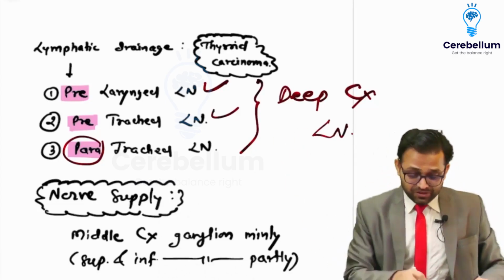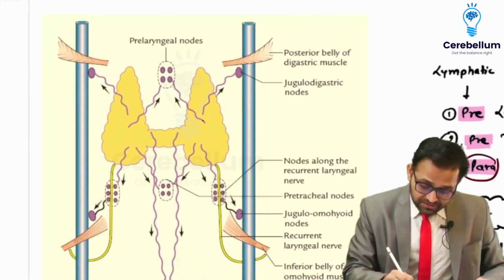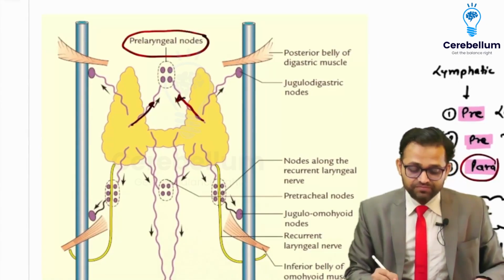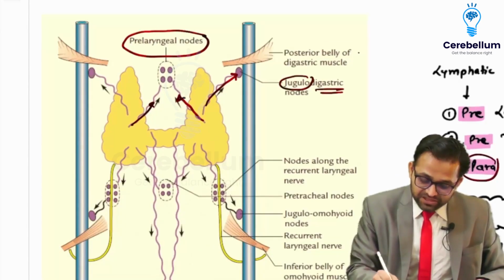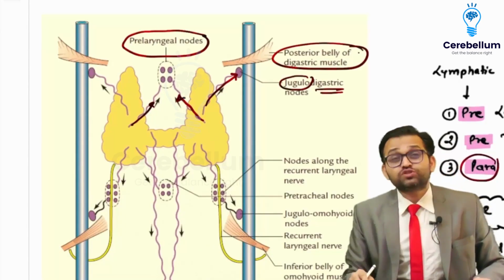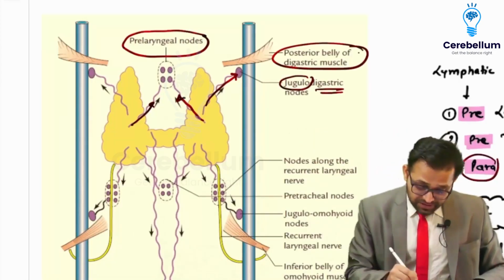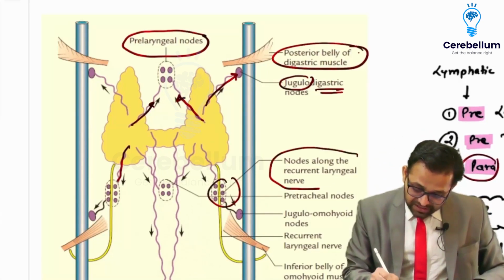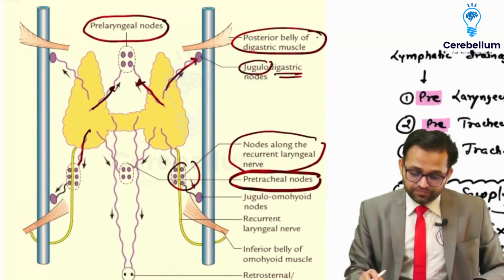Okay. Yes. So this is one diagrammatic presentation. These thyroid glands are draining into the prelaryngeal lymph node. They are draining into the group of lymph nodes which is in between the internal jugular vein and the posterior belly of the digastric muscle, so it is known as the jugulodigastric lymph node. The upper part is draining there. Can you see the lower part is draining into the nodes along the recurrent laryngeal nerve, also in front of the trachea, so pretracheal lymph node.